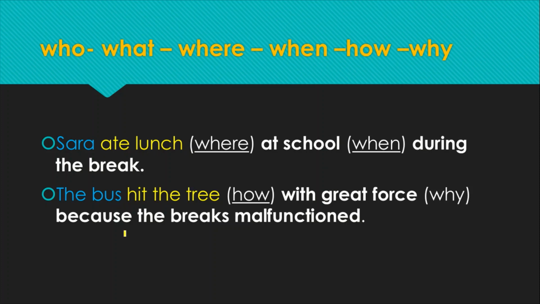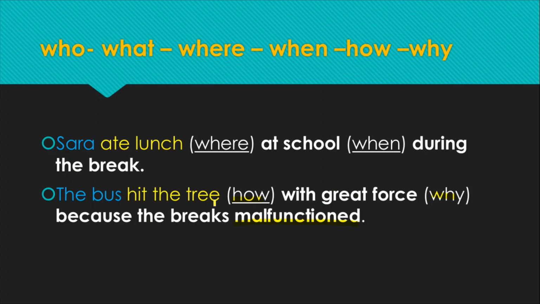Sentence number 2, the bus hit the tree. Right, so here we can add the how and the why, for example. You might have other examples. So we say the bus hit the tree with great force because the brake malfunctioned. Right, malfunctioned means the brakes didn't work. Right, they stopped working. So we say the bus hit the tree. How did the bus hit the tree? With great force. Why did the bus hit the tree?